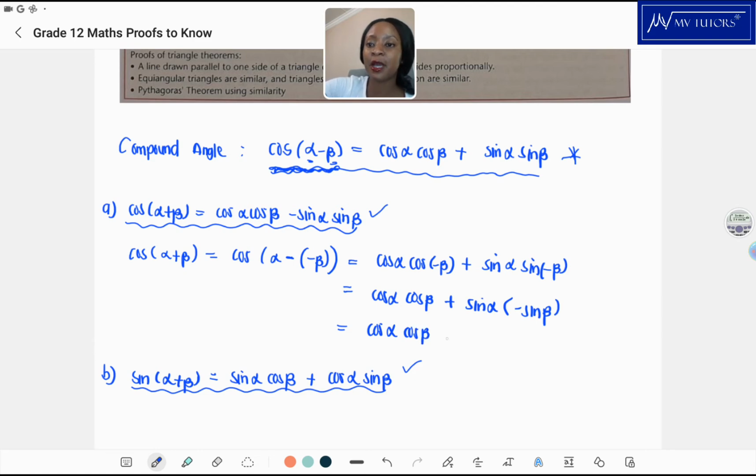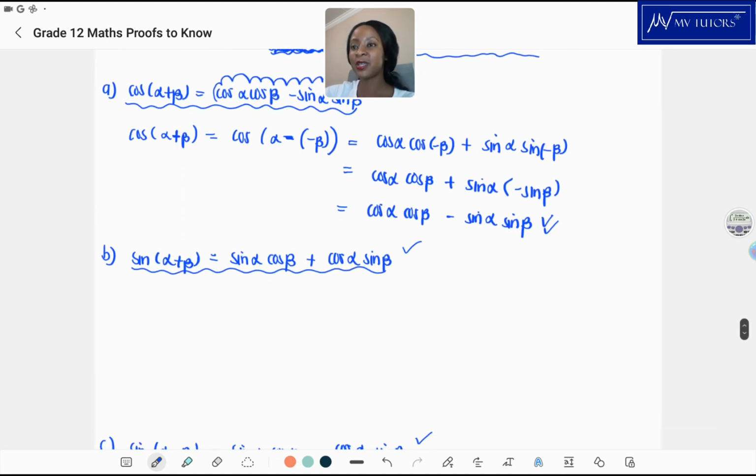This negative would come out, so it's negative sine alpha, sine beta. And we are there at our answer, cos alpha, cos beta minus sine alpha, sine beta. So this one is proved, okay? The main thing that we did there, we changed this positive and made it a negative. That's what we did.